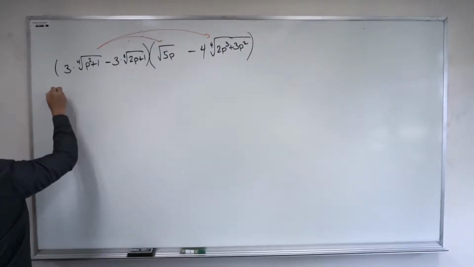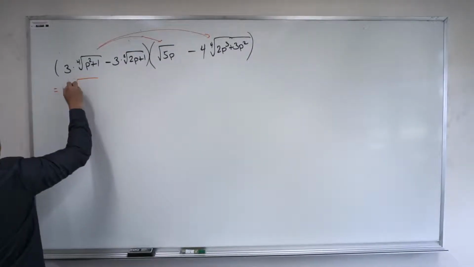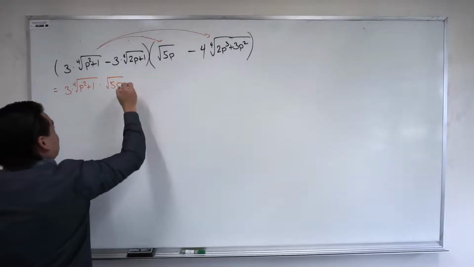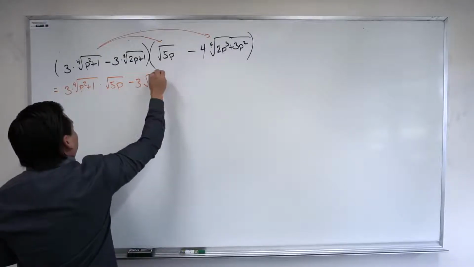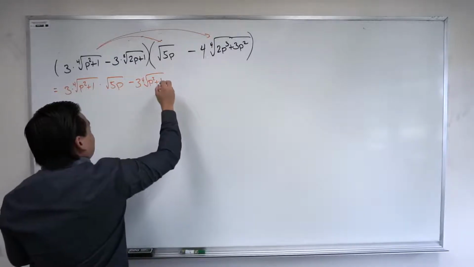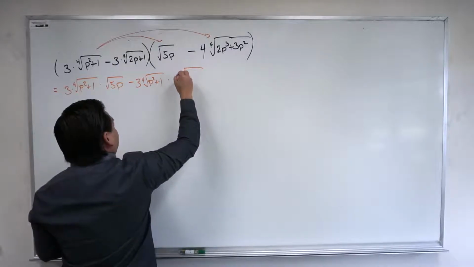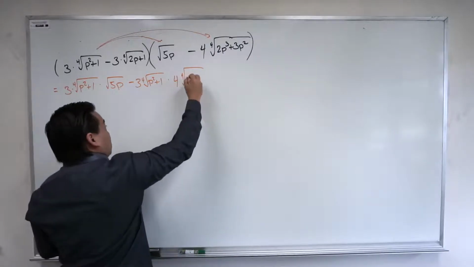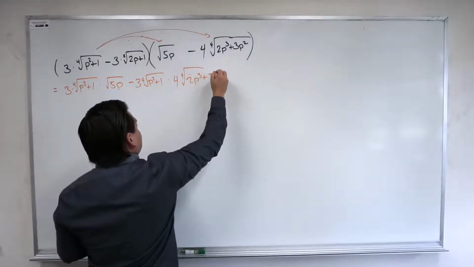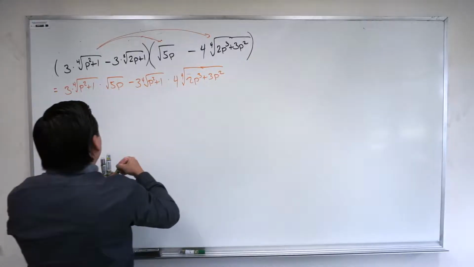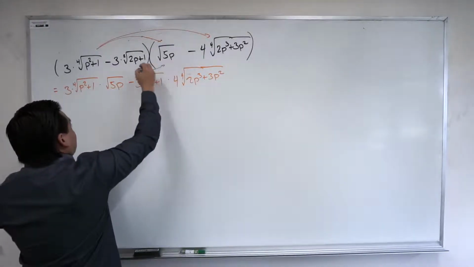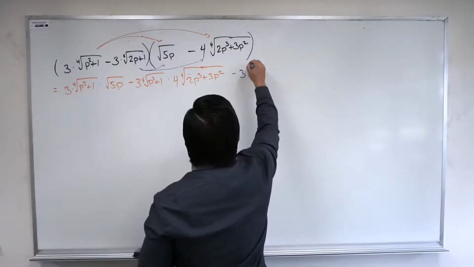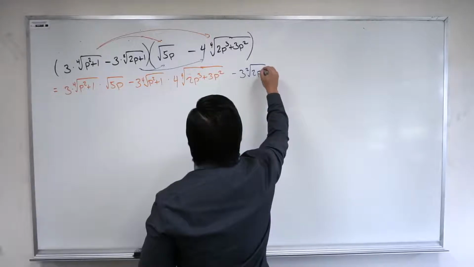So if we write this out, right, it's 3 times the 4th root of p squared plus 1 times the square root of 5p minus 3 times the 4th root of p squared plus 1 times the 4th root of 2p cubed plus 3p squared. And then do the second one, which is going to be minus 3 square root of 2p plus 1.